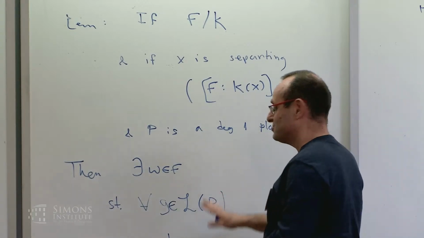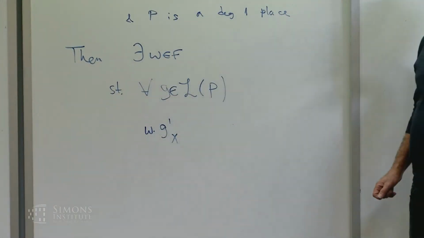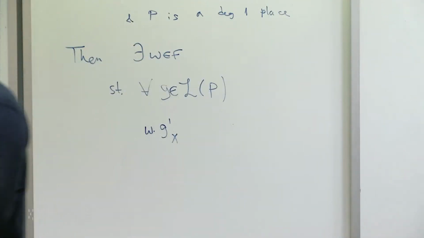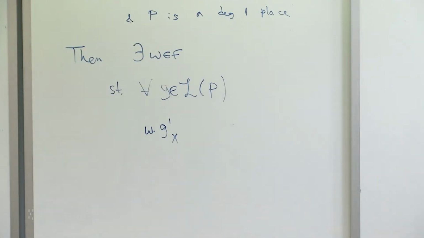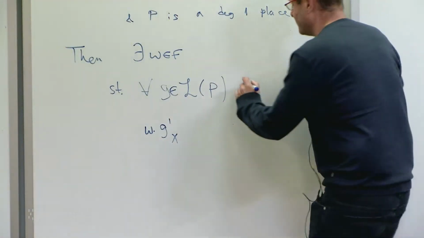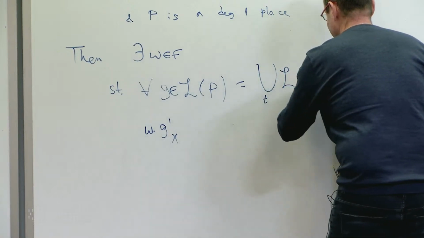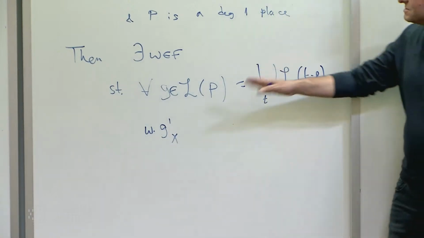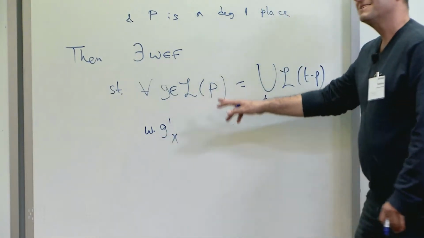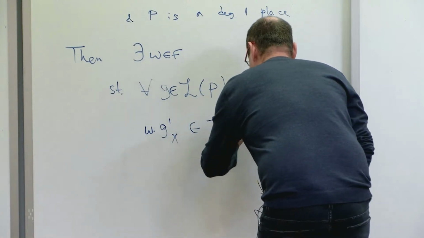And it's true that who knows what happens, but if we multiply it by omega, it has poles only at the place P. Then omega times the derivative of g by x also belongs to L of P.